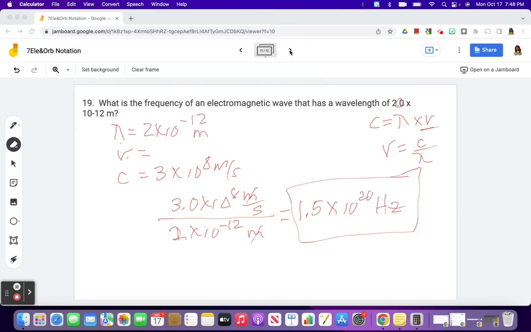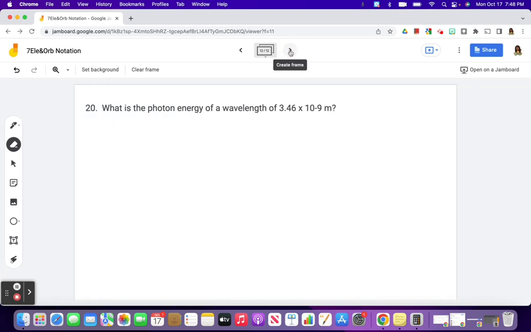So let's go to our last problem, problem number 20 from the study guide. What is the photon energy of wavelength 3.46 times 10 to the negative 9? Oh, this is a little different. The only thing we've been given in this problem is wavelength, 3.46 times 10 to the negative 9 meters.